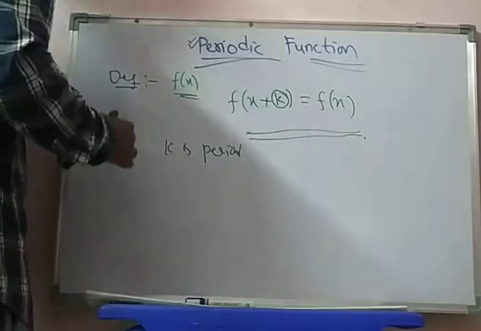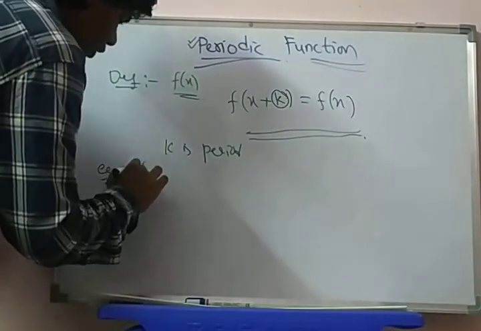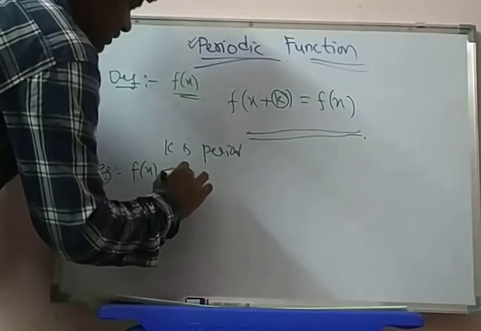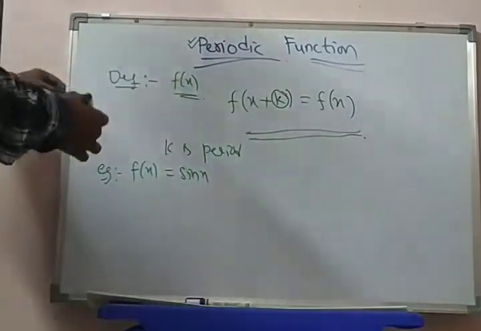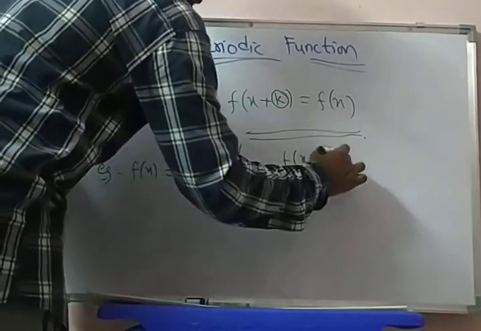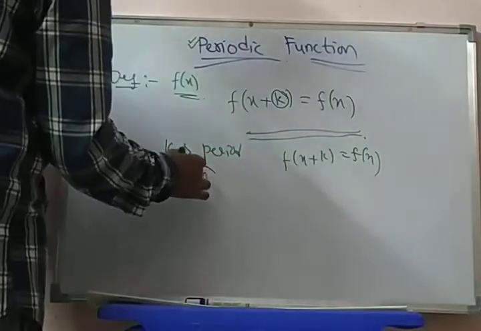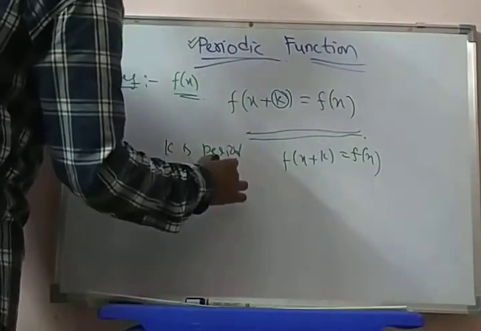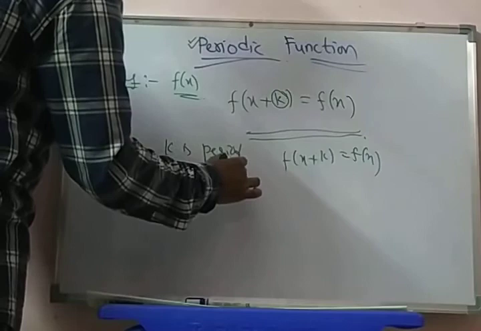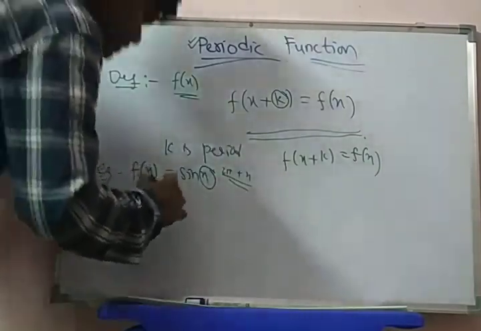For example, f of x is equal to sin x. Then f of x plus k is equal to f of x. In the place of k, substitute 2 pi, so in the place of x we have 2 pi plus x.